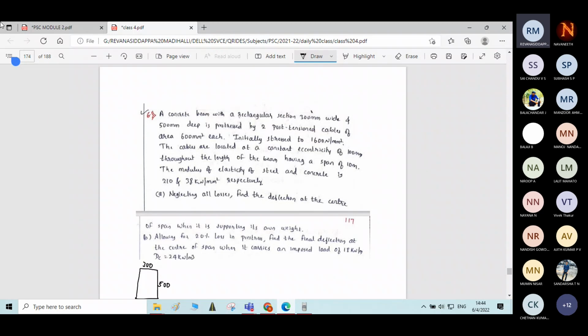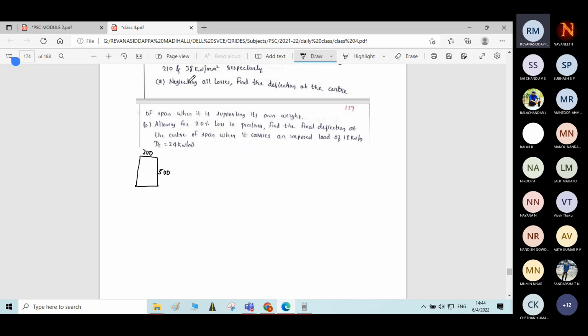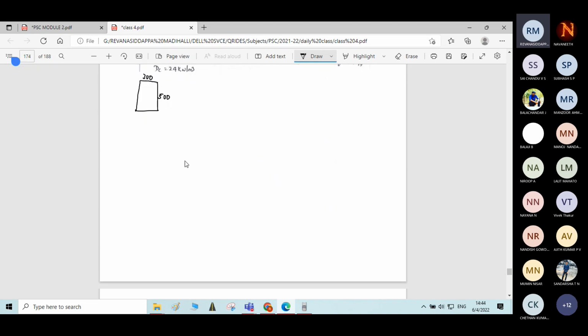It is prestressed by two post-tensioned cables of area 600 mm square each. There are two cables having 600 mm square area which are provided in the beam. Okay. Now you can calculate the area of cables.